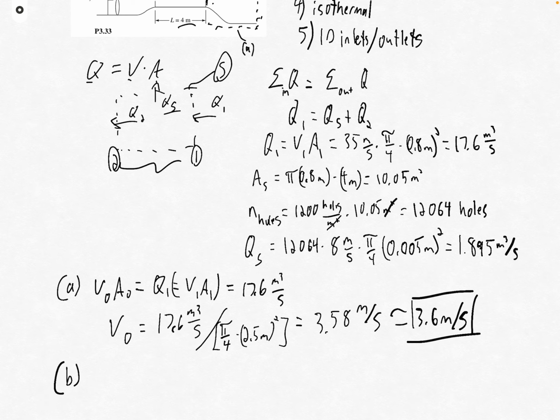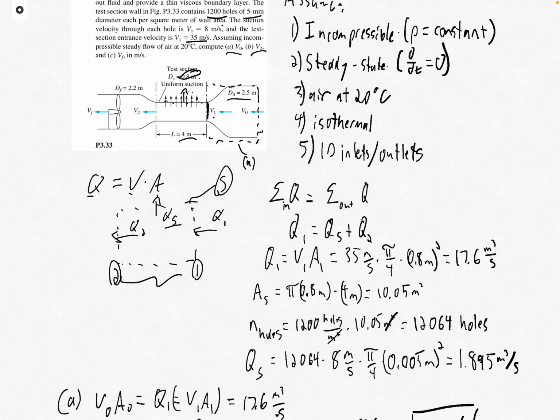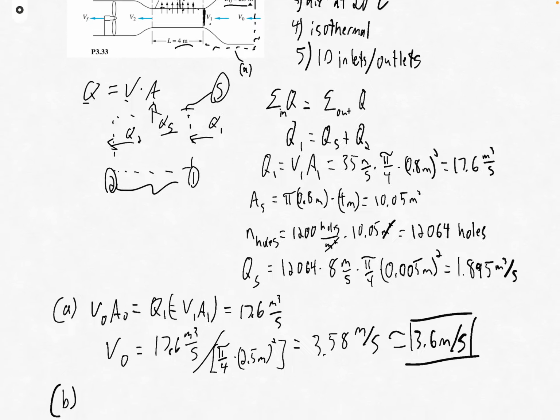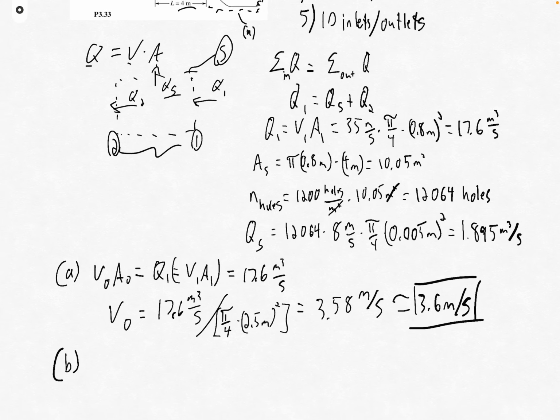Okay, so next we're asked to find, let's see, part B, we're asked to find V2, right? Makes sense. So now for V2, this is where we have to consider our control volume with inlet Q1 and outlets QS and Q2. And so here we're going to have that Q1, our inlet flux, is equal to QS plus Q2.